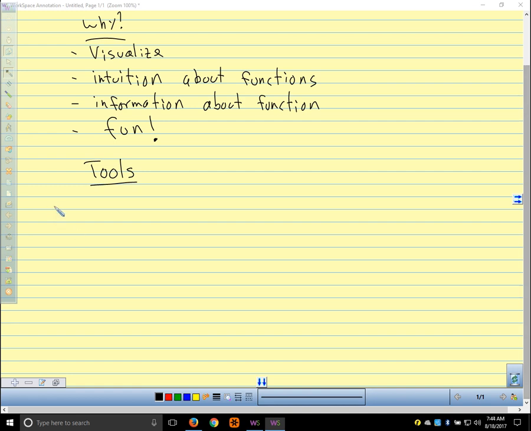So what are some of the tools that we can use to help us if we have a function relationship? What are tools that will help us sketch that function, sketch a graph? Okay, so mins and maxes.